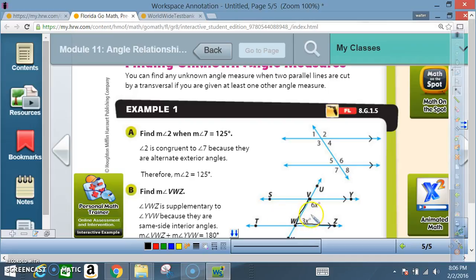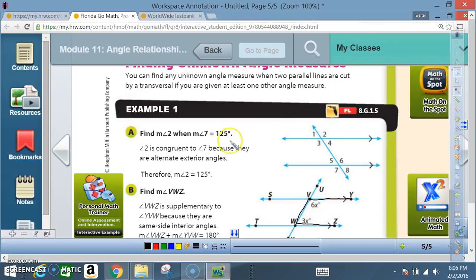All right, but if we look up here, we see that YVW is 6x. We notice that both these angles are interior, just like up here with 4 and 6 and 3 and 5. And we just learned that the interior angles, when you add them together, give you 180 degrees.